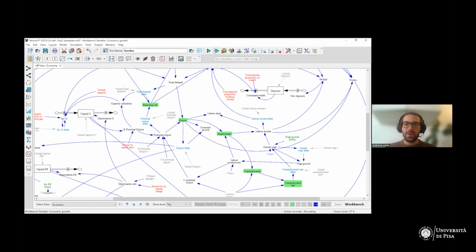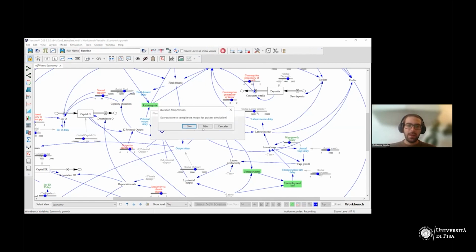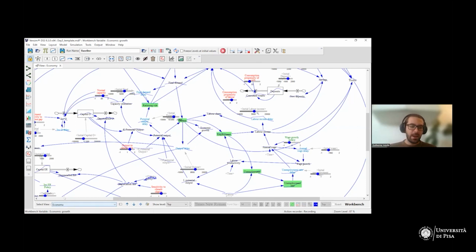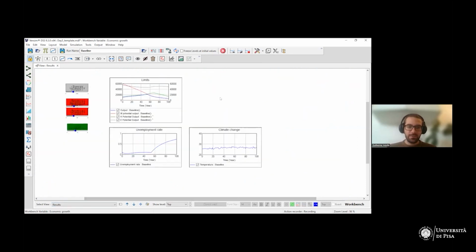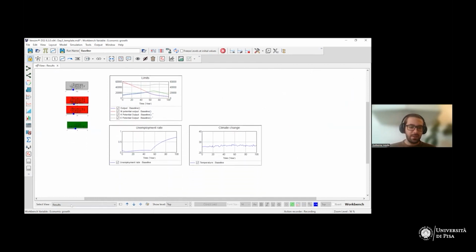But using this run simulation on each slider change, you can change the values of some variables, some parameters that are exogenous, and then see how the results change. So here I have only results, but then not.